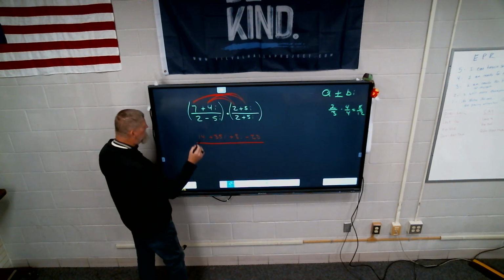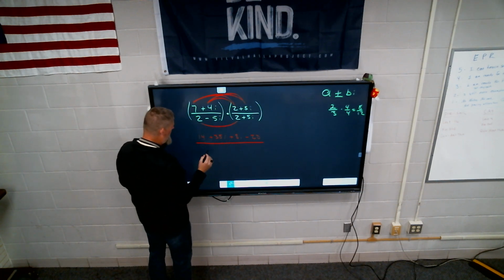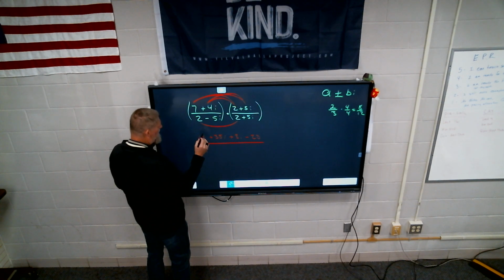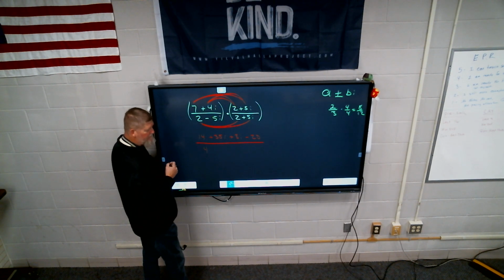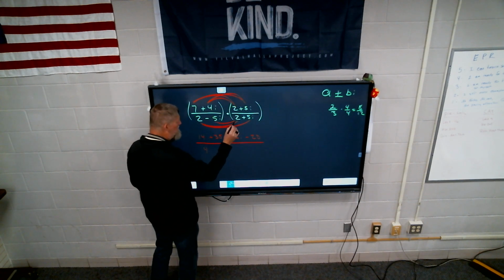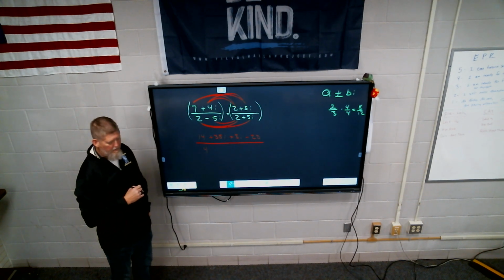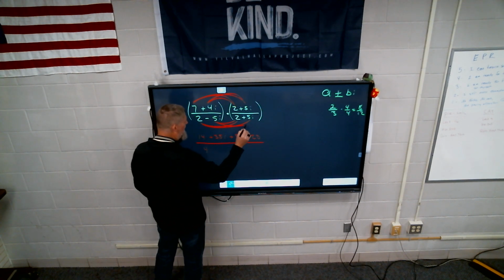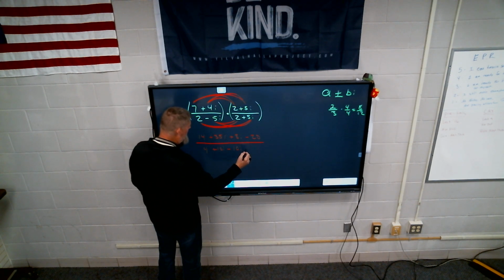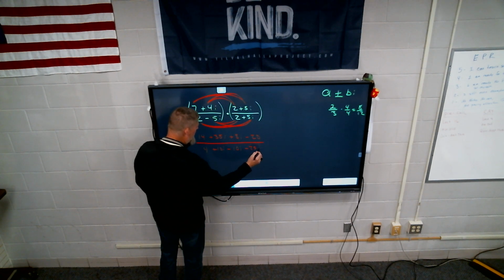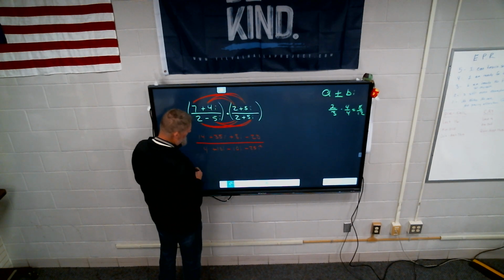Okay, on the bottom, I'm going to do 2 times 2 gives me 4. The outside is going to be plus 10i, the inside is going to be minus 10i. So then plus 10i, minus 10i, minus 25i squared.